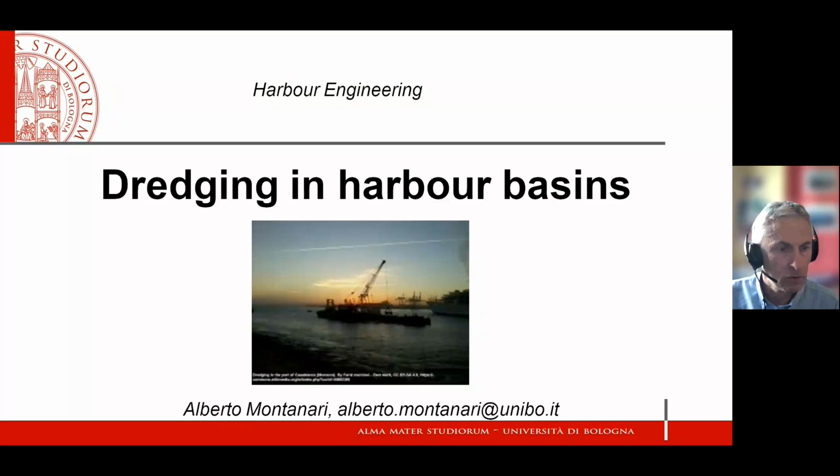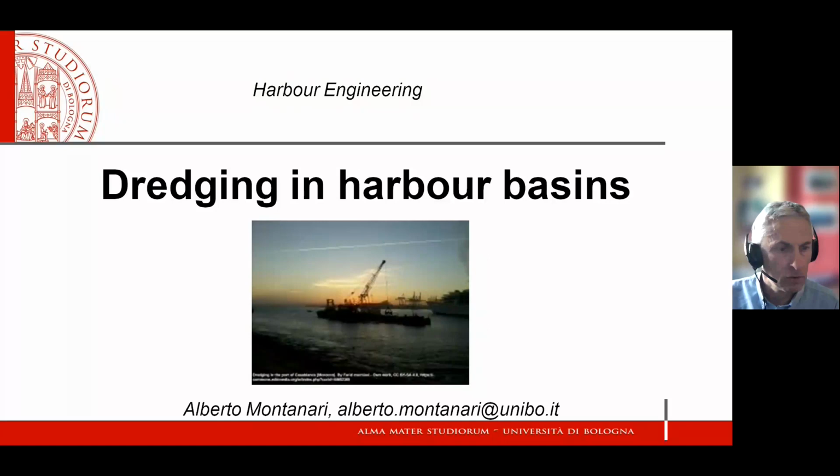So we are talking today of dredging. Dredging is an essential maintenance operation that is undertaken in harbors, in ports, in harbor basins. Dredging is necessary because harbor basins are subjected to siltation.